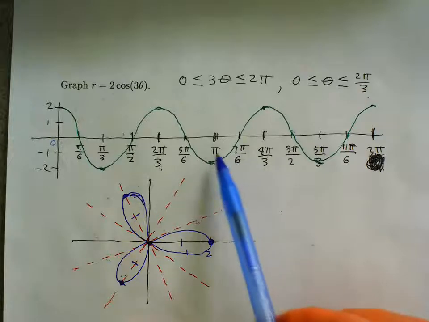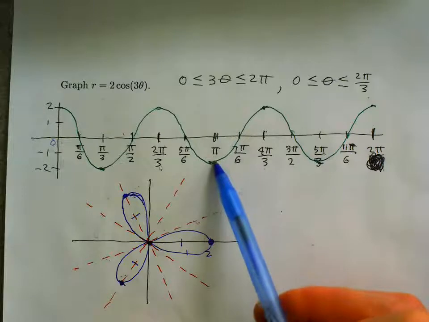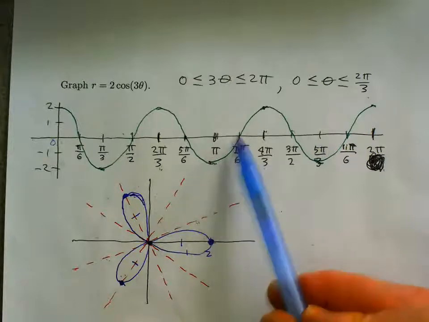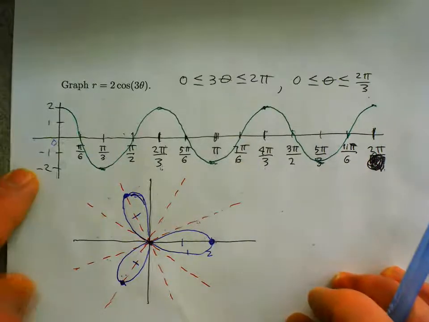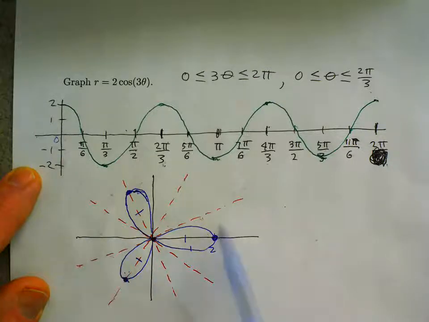Well, in this case, it turns out that from pi to 2pi, the same curve is retraced. Let's just take a look at one of those sectors. From pi to 7pi/6, the R values go from -2 to 0. So on the graph, the sector from pi to 7pi/6 is right here. And so the graph appears in the opposite sector, which is this sector.